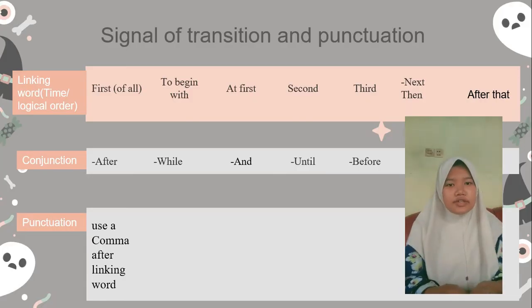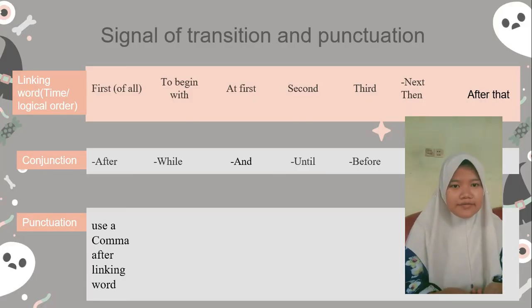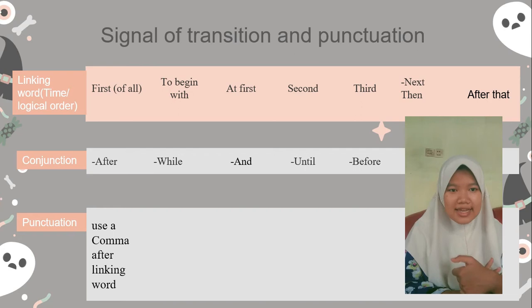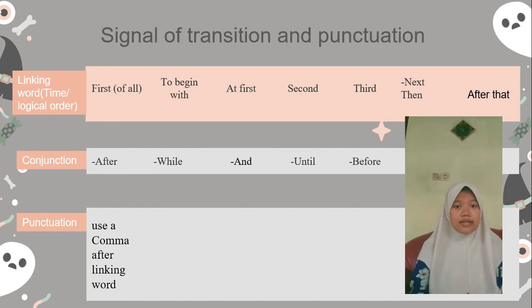We already learned about parts of paragraph, and then we will move to the essential part. It is signal of transition and punctuation. As we know, signal of transition is used as a general signal: one is linking word and the second is conjunction.